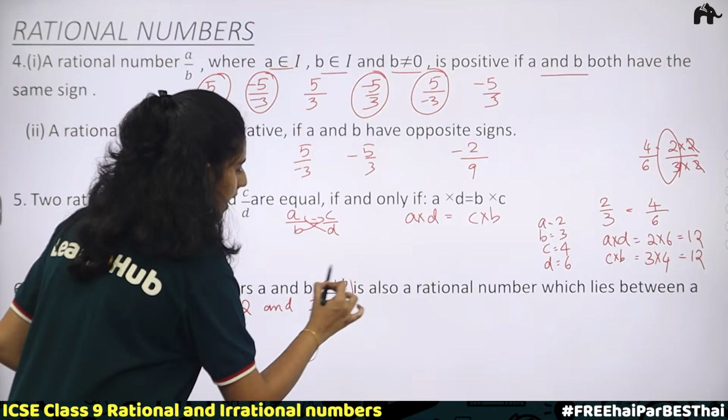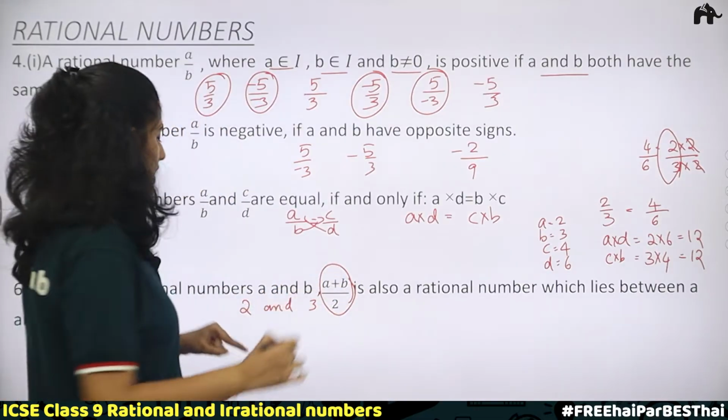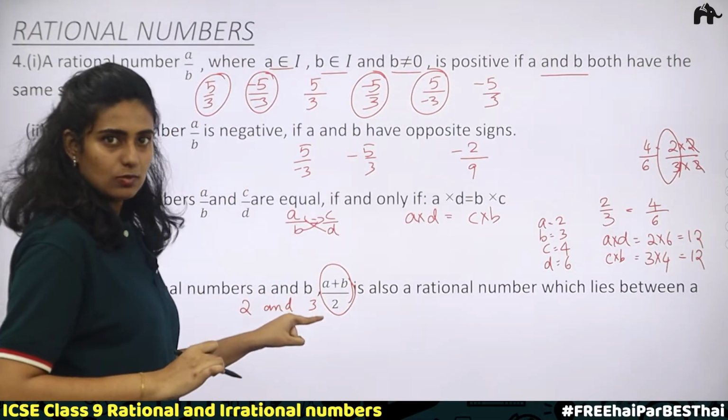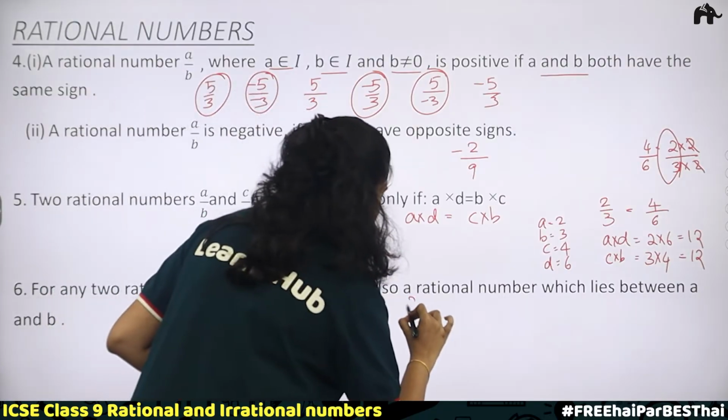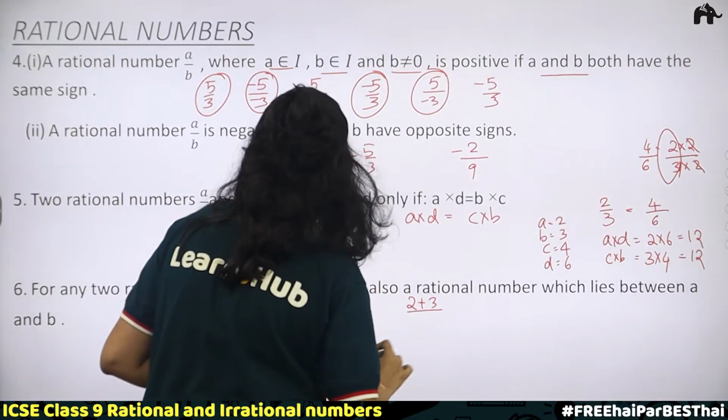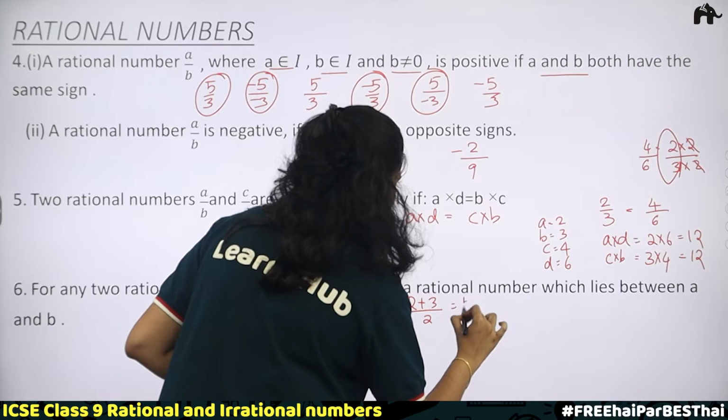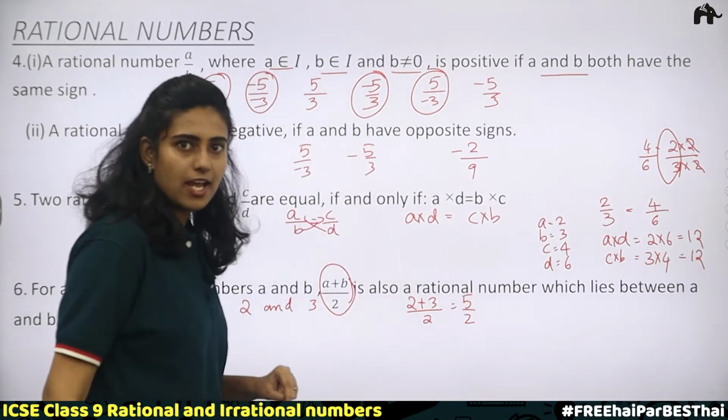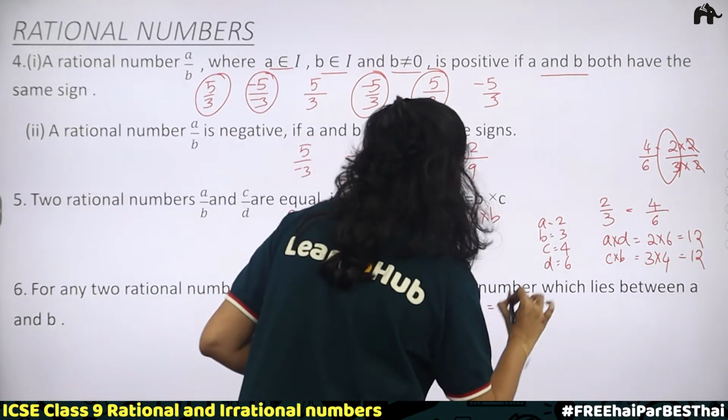You have to take a plus b divided by 2. Here a is equal to 2 and b is equal to 3. Therefore, 2 plus 3 divided by 2, which is 5 by 2. 5 by 2 is a fraction, or in the decimal form, you will be getting 2.5.